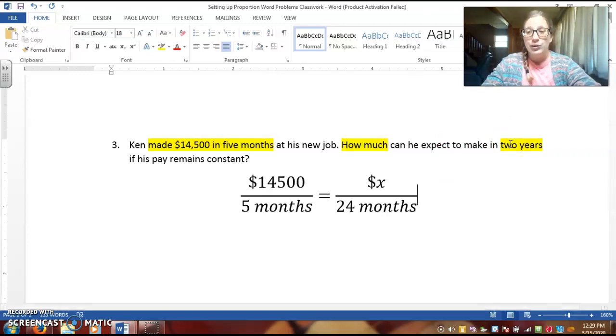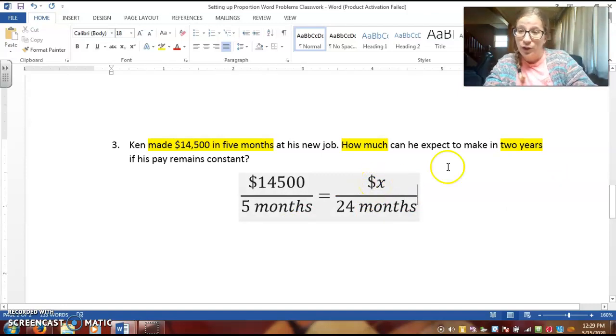So I cannot use the number 2 directly in my proportion. I'm still technically going for 2 years, but I'm counting it in terms of months. So that's the slight difference there. Okay? Again, use cross multiplication, and your goal here is to figure out what does x equal. And again, my units show a dollar sign, so your final answer should be referring to money.